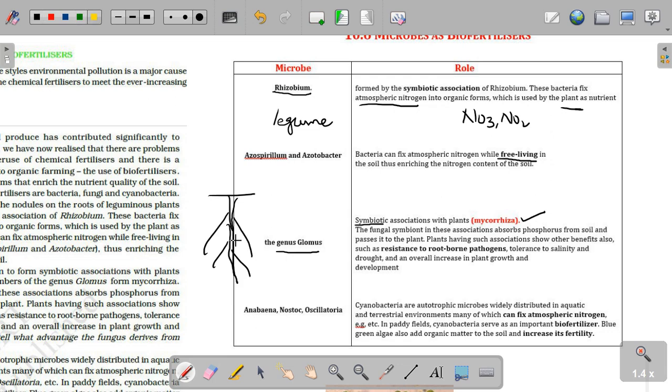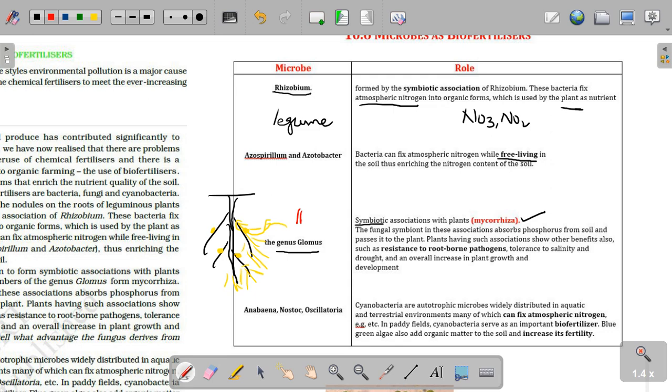What they do, these fungi can stretch their hyphae deep into the soil so that they are capable of absorbing nutrients, and absorption takes place with the help of the fungi.